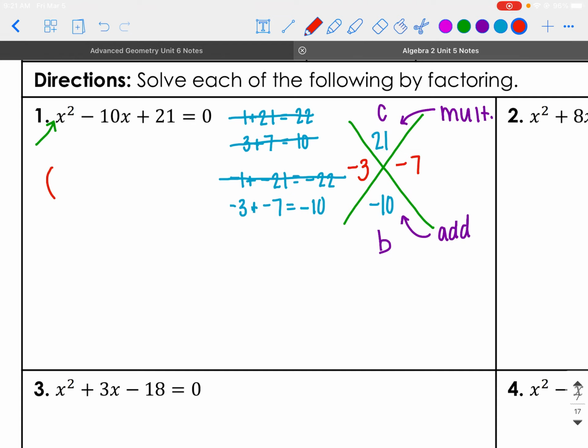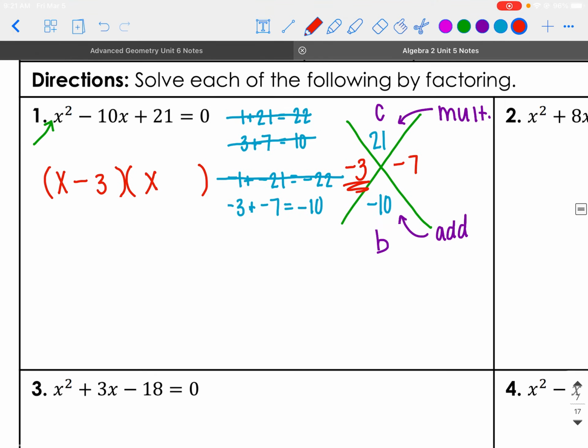Now we're going to turn those into our factors. We're going to put x minus 3 and x minus 7. So those are our factors. And if you remember, we take each factor and set it equal to 0.